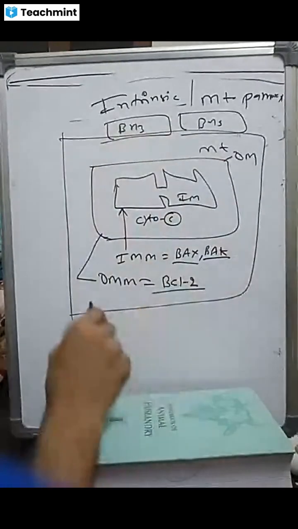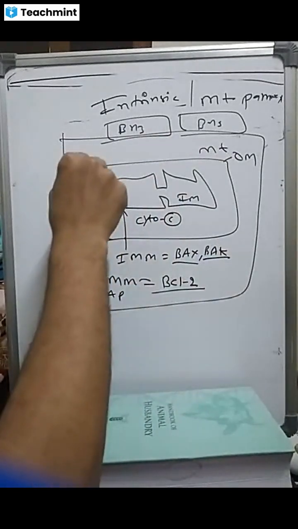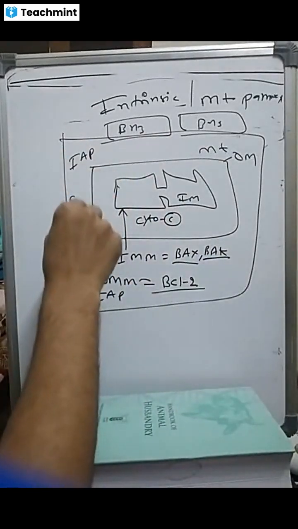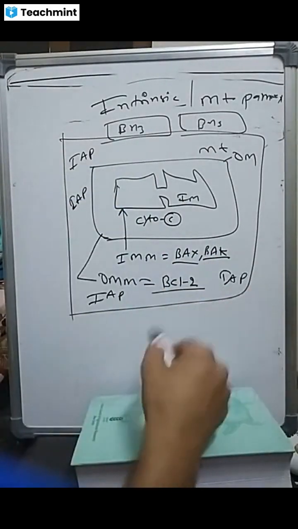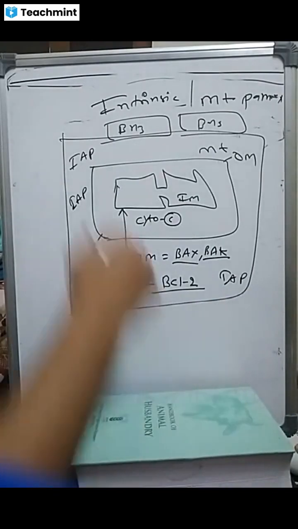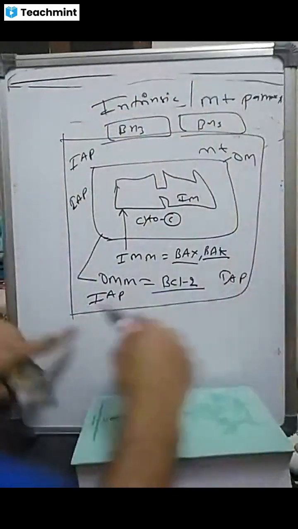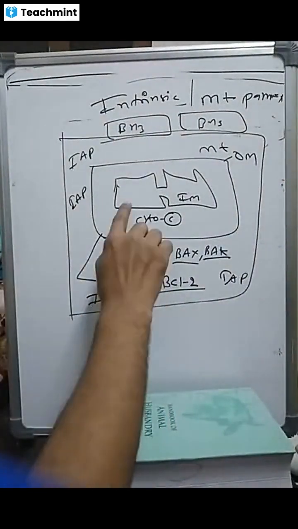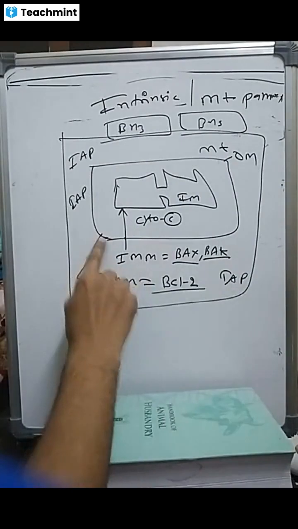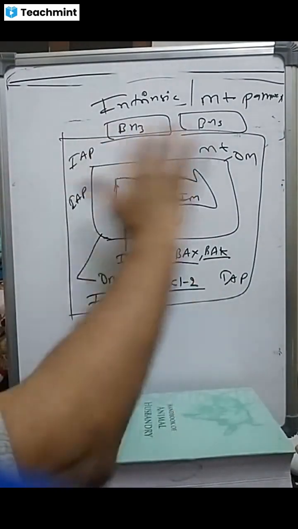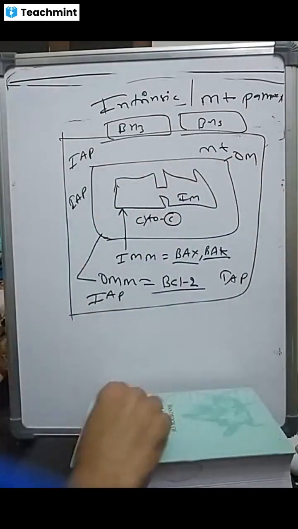In the cytoplasm, there is the presence of IAP, inhibitors of apoptosis. So these are the molecules present: on the surface BH3, inner mitochondrial membrane BAX and BAK, outer membrane BCL2, and in the cytoplasm the IAP molecule.